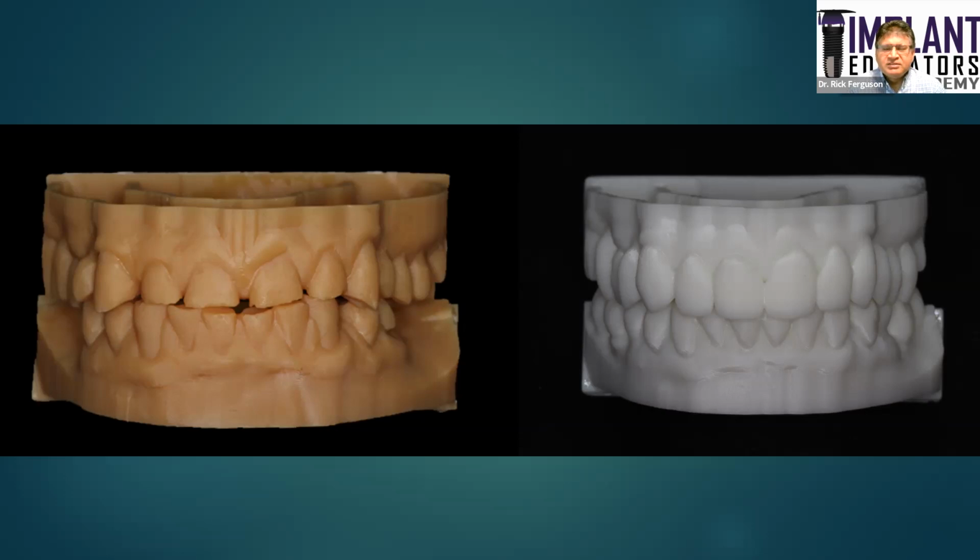We were also planning to do implants in the lower posterior, where he's missing some teeth as well. So we've got a full upper and lower crown and bridge case with lower posterior implants, 2 or 3 implants on each side. And you can imagine the fees that are involved with this.